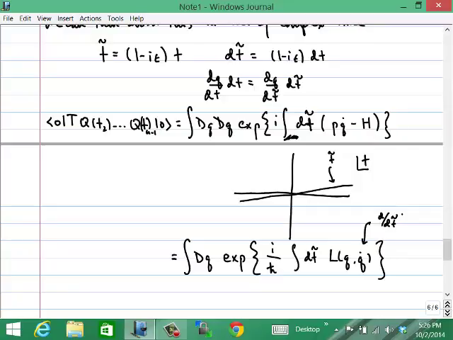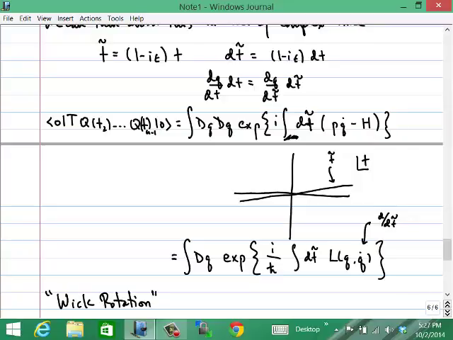Okay. So this process where we rotate the contour of integration is known as Wick rotation. It's a kind of notoriously tricky procedure. It takes some getting used to.